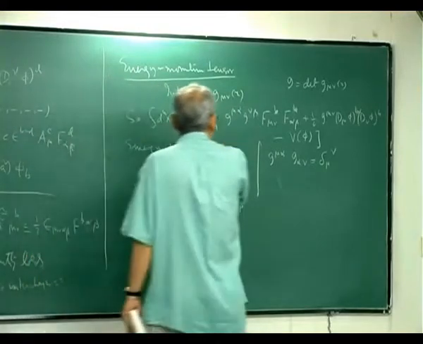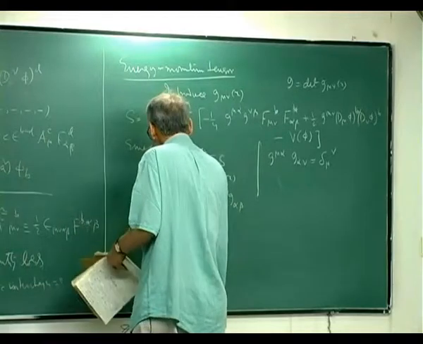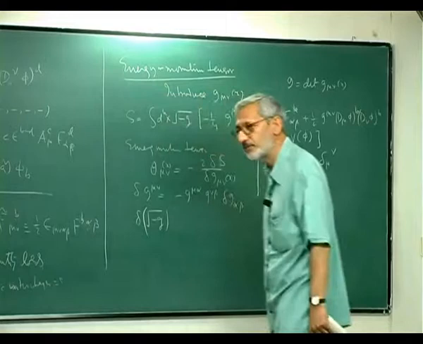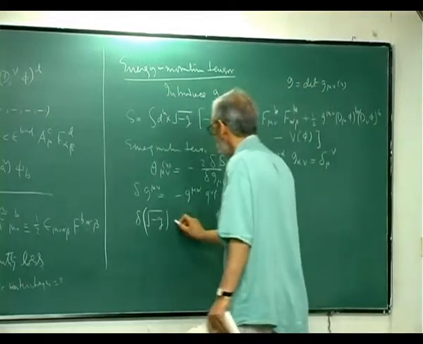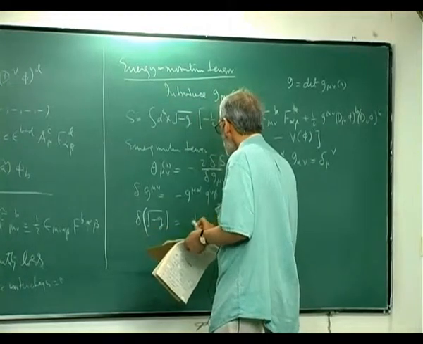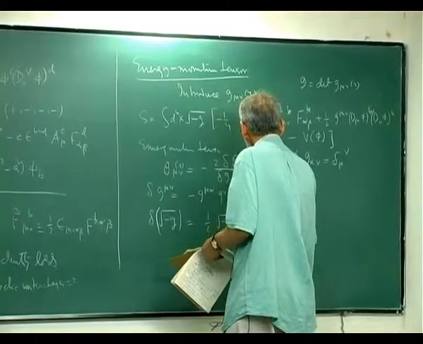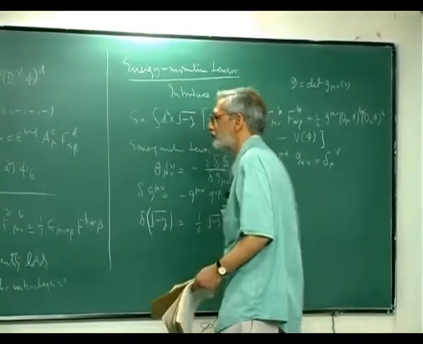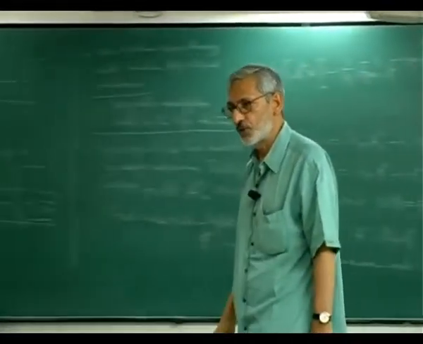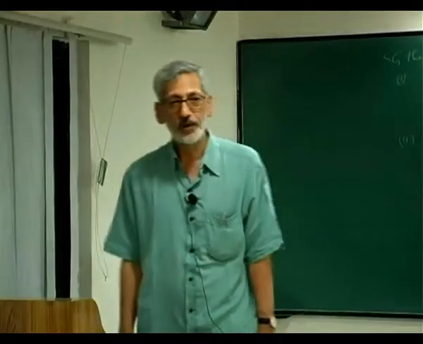And then the variation of square root of minus G, determinant of the metric, is half. What is the answer? Half, right? Yes. Half square root of G times G alpha beta, variation of G alpha beta. You should be able to work it out. This is an elementary exercise, if you have not done it already.